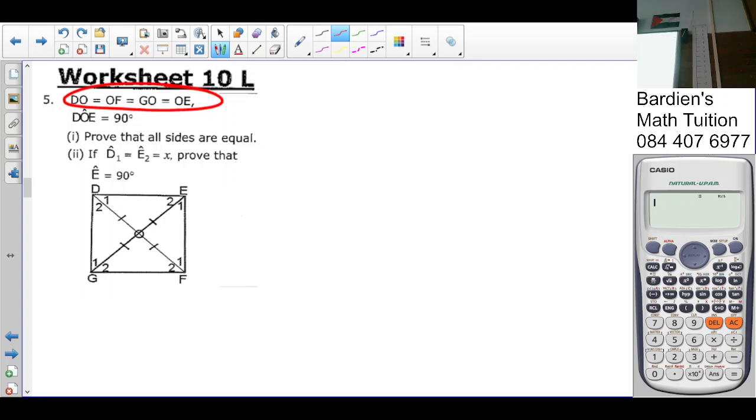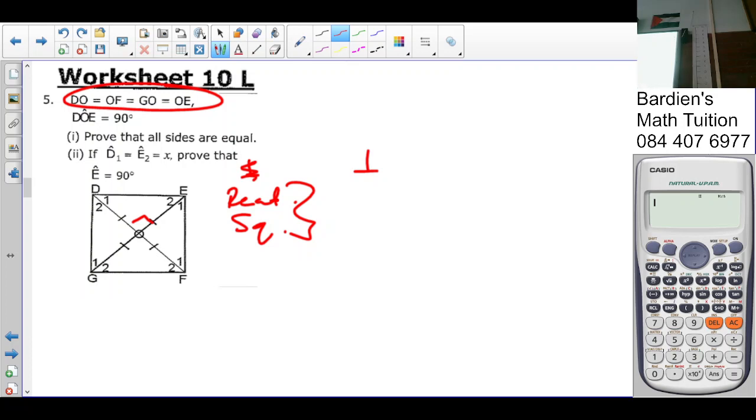There's only two shapes where your diagonals bisect each other equally. It's a rectangle and a square. Then we are told that DOE is 90 degrees. So remember now, it's a rectangle or a square. Then, with that being 90, this could be one of three shapes where the diagonals are 90 degrees or perpendicular.